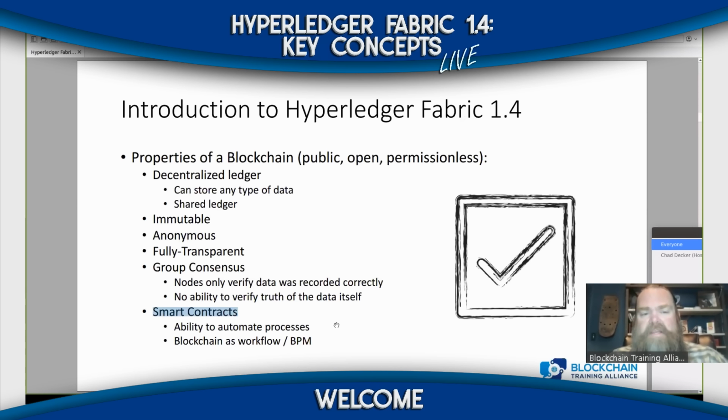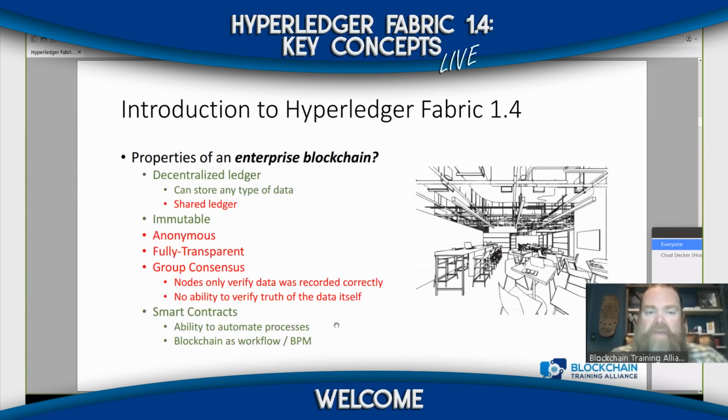So if we look at these properties, these attributes of a blockchain, and we ask ourselves, are these good or bad? Are these desirable or not? From an enterprise context, from a business context, well, we can see that some of these attributes, the ones in green, are desirable and we would want to keep if we're going to use blockchain to build business or enterprise-focused solutions.